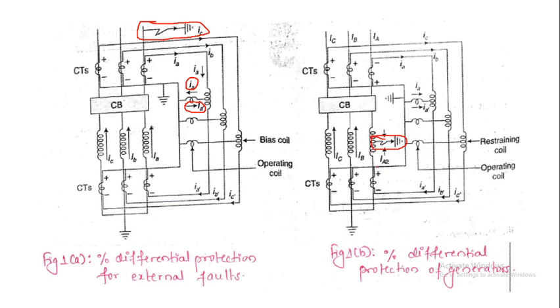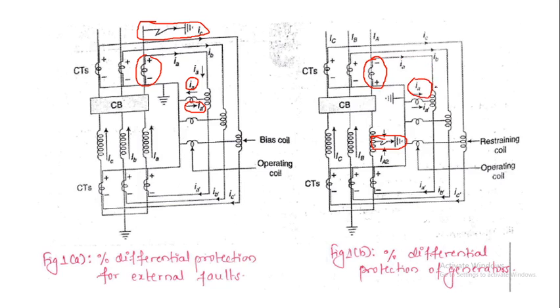This is a fault which has occurred in the A phase. Earlier the fault occurred externally to the same phase A. Now the internal fault has occurred in phase A. Because of this, the polarity of the relay connected to phase A is reversed. Just observe the polarity of the upper CT, it has been reversed, and the current flowing in it also varies.